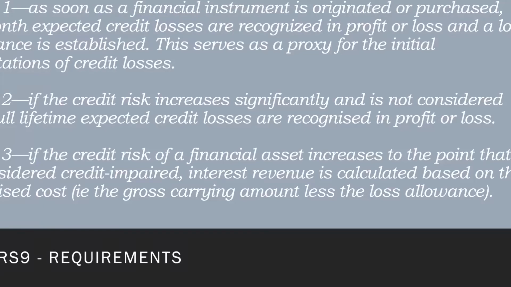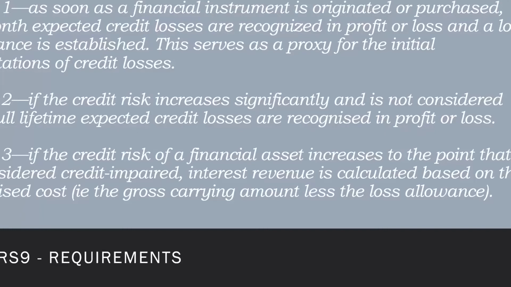So you're given a window of 12 months to do that analysis, and this serves as a proxy for the initial expectations of credit losses. So if you are reporting, say for instance, in 2018, you do an analysis of your 2017 period, and let that become the basis to guide you in how you do either your accruals or your provisions for 2018, as an example.